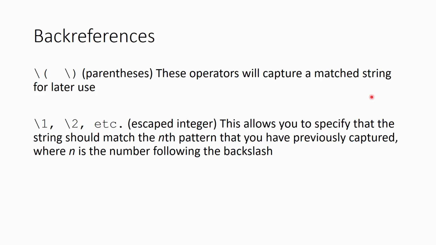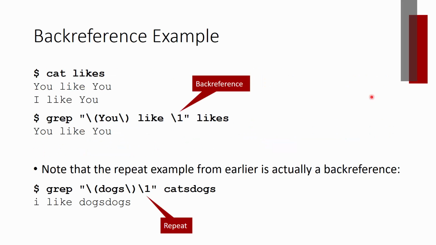But what that \1, \2 is actually doing is specifying that the string should match the nth pattern that we've previously captured, the first or the second pattern. So in the example we had before, in my bottom example, where we had dogs and then \1, what that really means is capture dogs for use later, and also match it now, but then refer to that as a repeat later. So yes, it's repetition, but really what it's doing is getting 2 instances of dogs.